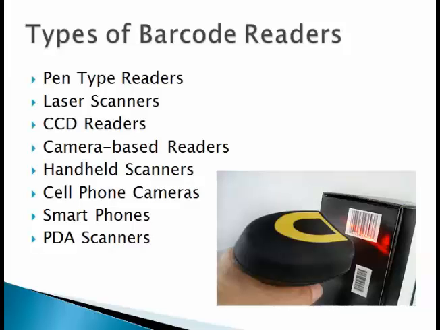You'll see those type a lot. There's a photo of that on this slide. Lately, even your cell phone cameras can act as a barcode reader. Smartphones have them, as well as PDA scanners. So you'll see different types, although they do the same thing, they read the barcode, you'll see them in many different types of forms. This concludes Module 5.